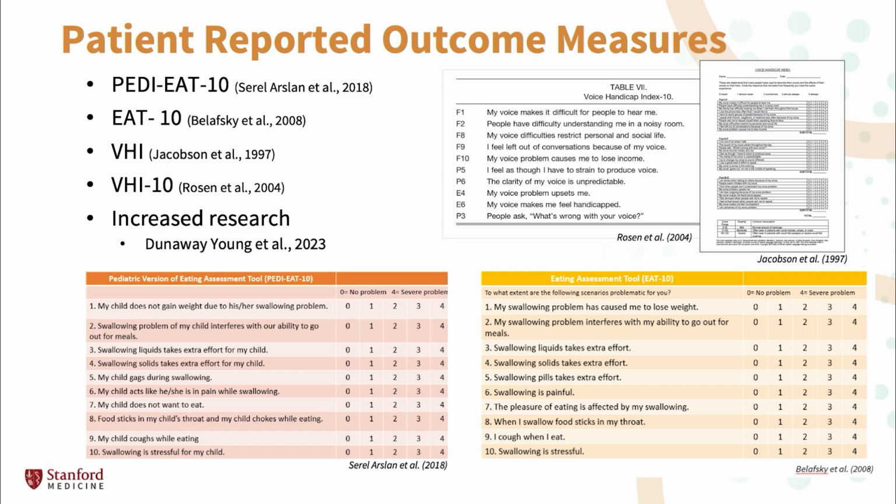There's also increased research, and I cited one of our Stanford studies there, looking at the correlation between the actual bulbar function or dysfunction and how patients rate themselves. And so I'm constantly fascinated by that correlation, or lack of correlation, between what's actually happening and patient-reported outcome measures.